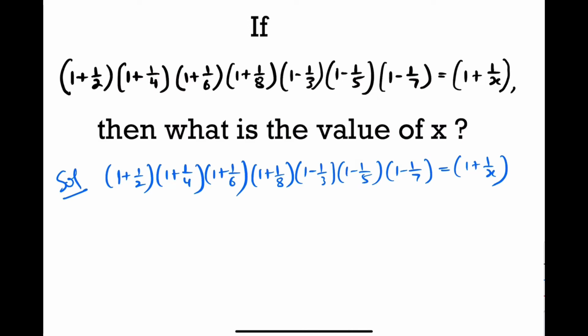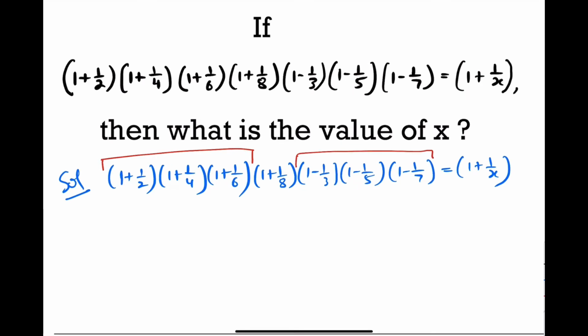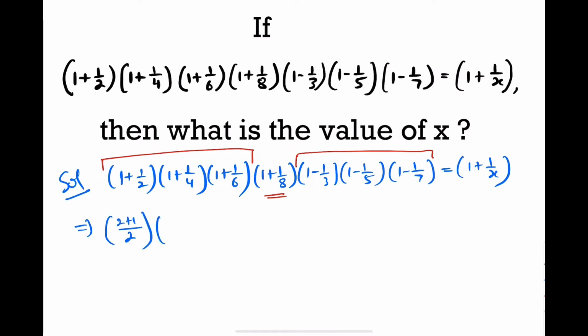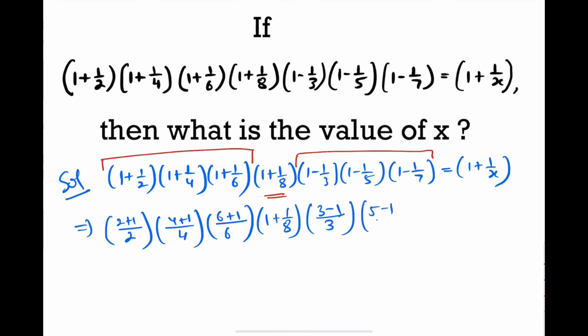Generally this type of questions we solve for the first 3 positive brackets and the last 3, and the center one we leave as it is. It means this implies 2 plus 1, 4 plus 1, 6 plus 1, and center term 1 plus 1 by 8. Now next 3: 3 minus 1, 5 minus 1, and 7 minus 1.